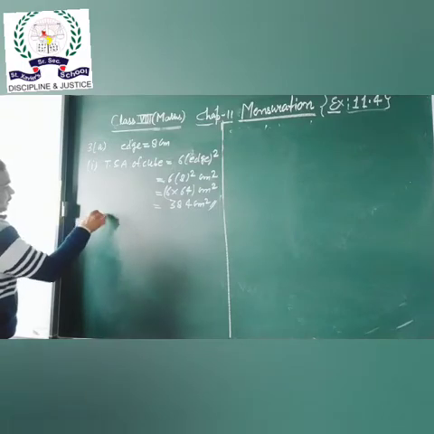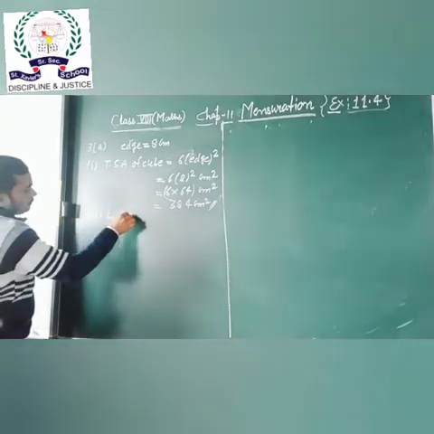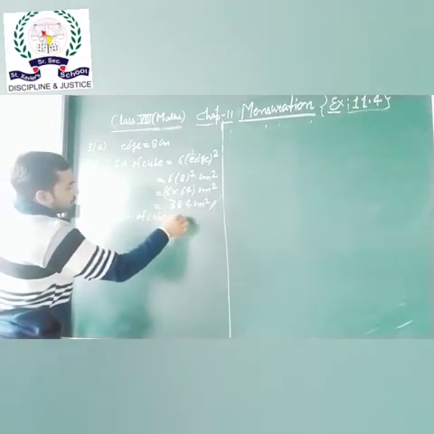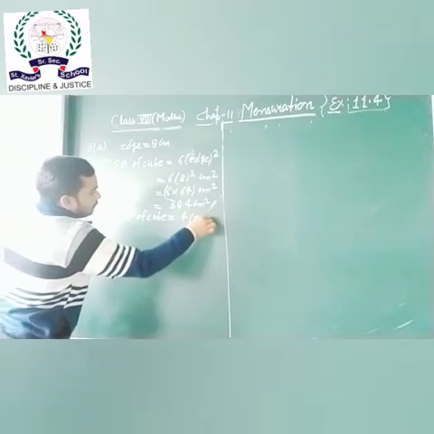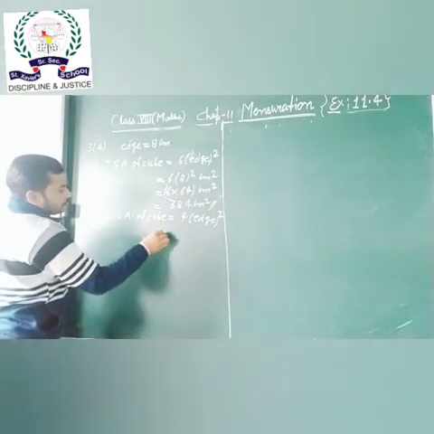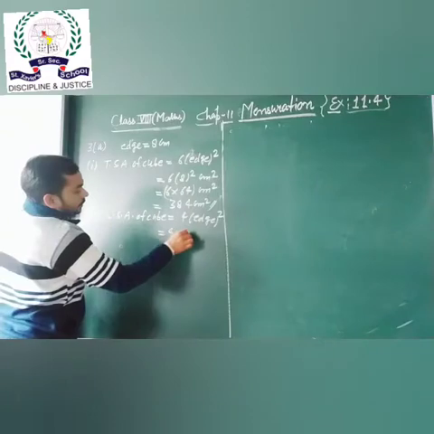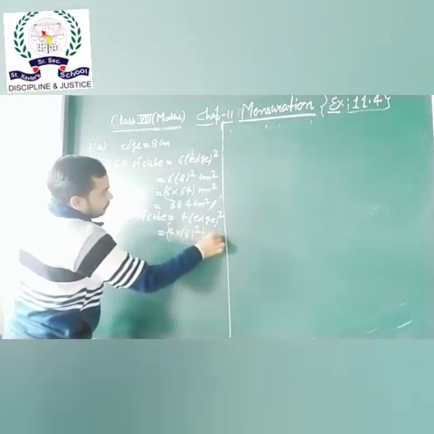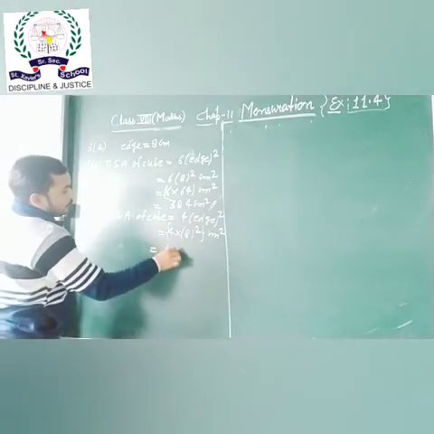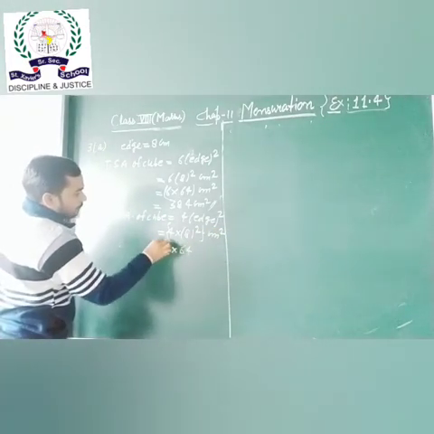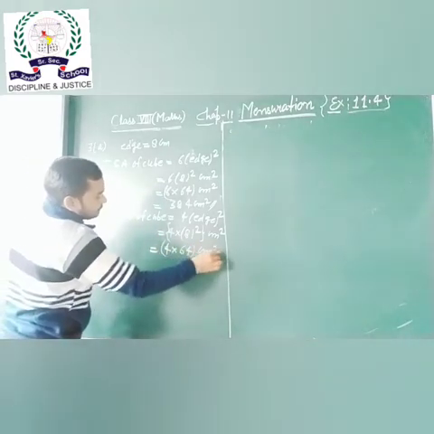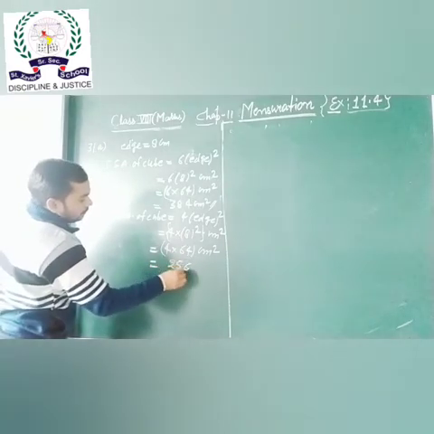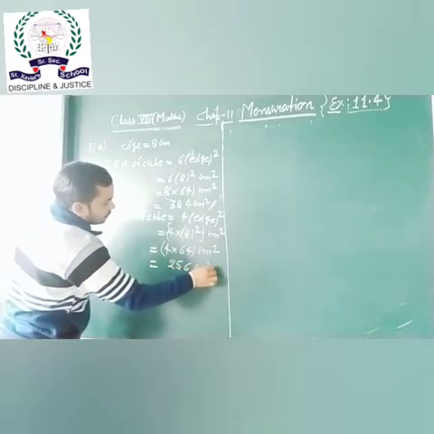Then find the lateral surface area of cube. It equals 4 into edge square. Edge is given 8, so 8 square. 4 into 8 eights are 64, 4 into 64 centimeter square. 4 fours are 16, 4 sixes are 24 plus 1, 25, so 256 centimeter square.